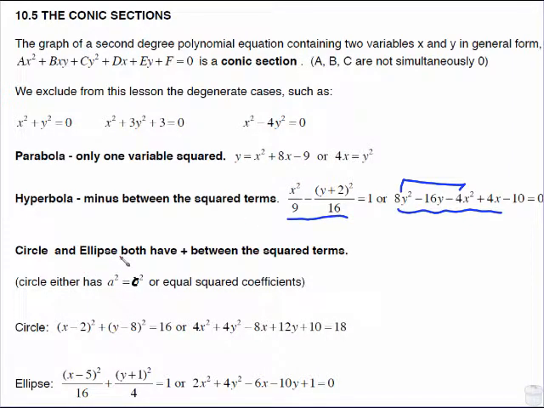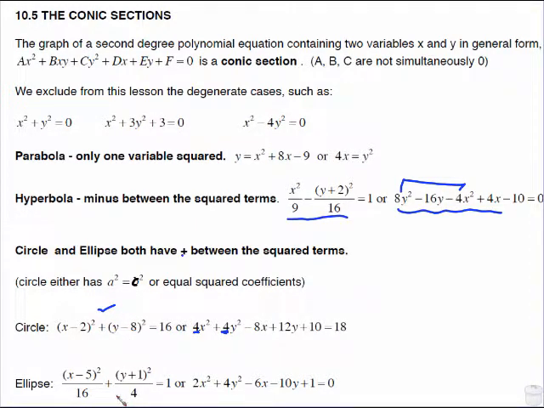The circle and the ellipse are similar because they both have a plus between the squared terms. Now, if the a squared equals the c squared, or in other words, there are equal squared coefficients, you know you have a circle. So something like this, 4 and 4, those are the same numbers, those are the squared coefficients, that's a circle. And of course you would recognize the circle when it's in standard form.